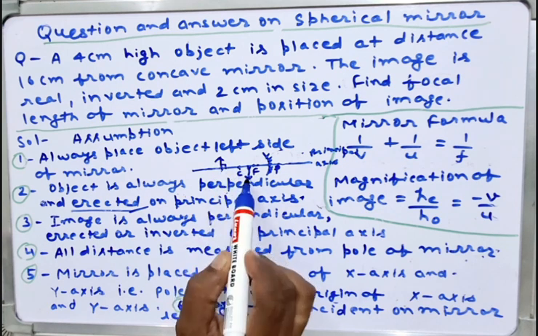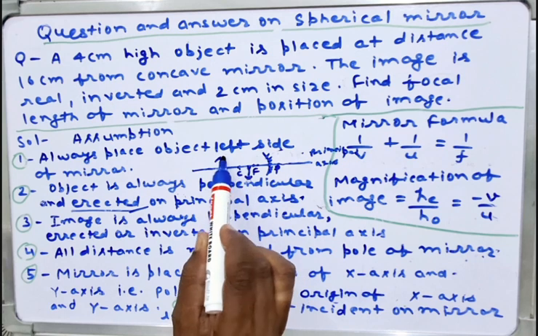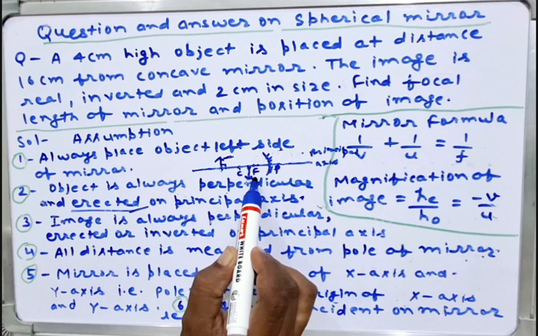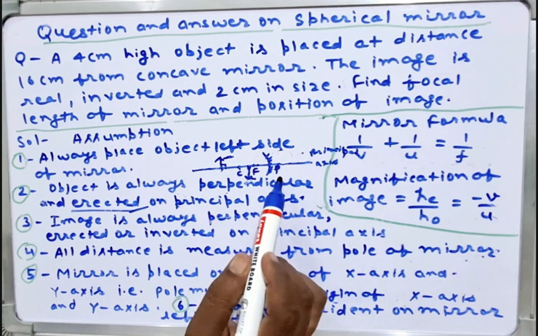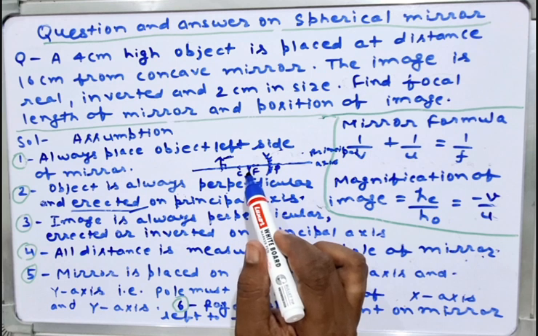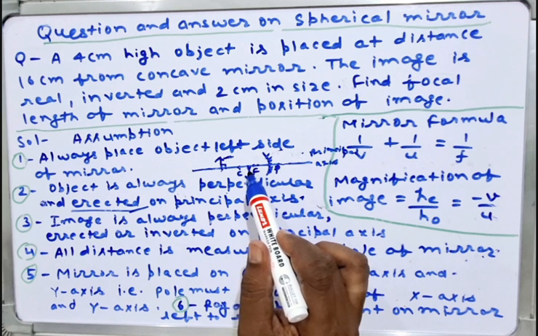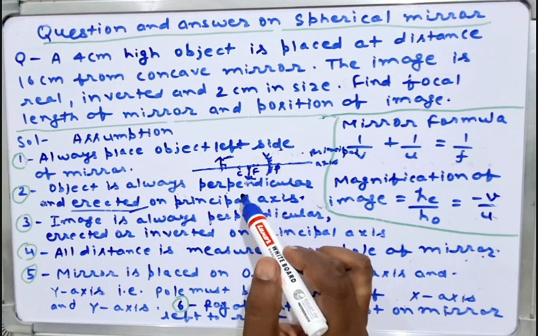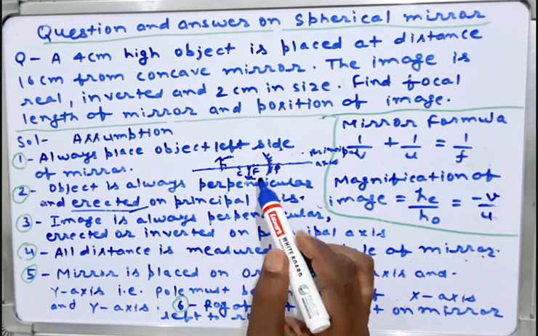You see the arrowhead is opposite to the object's arrowhead, or it is downside with respect to the principal axis. So we say this one is an inverted image.